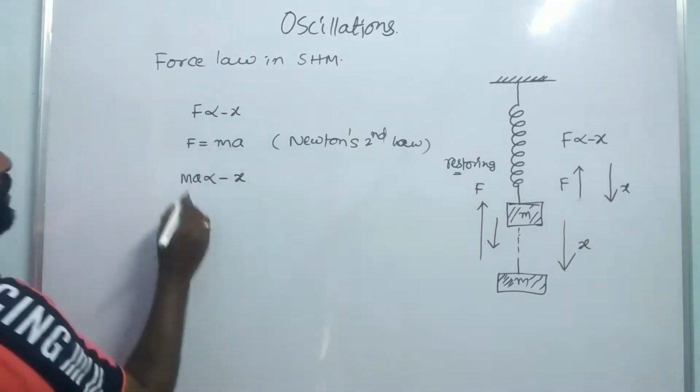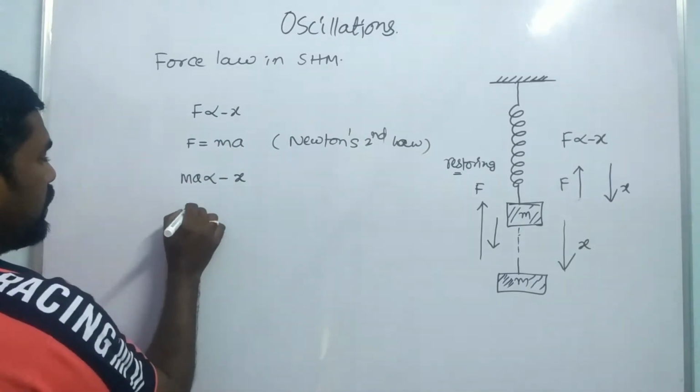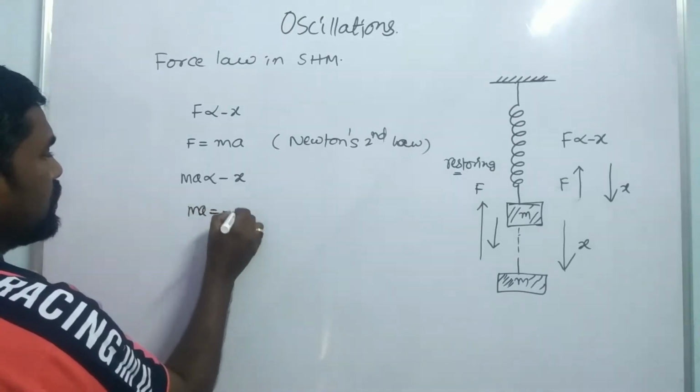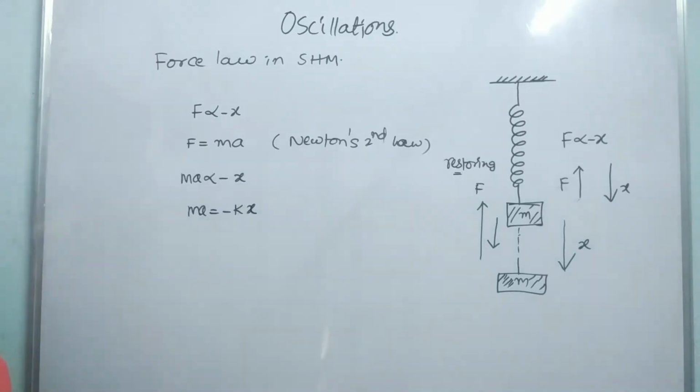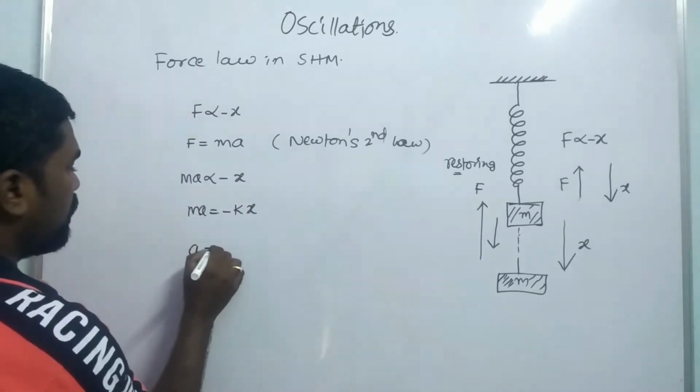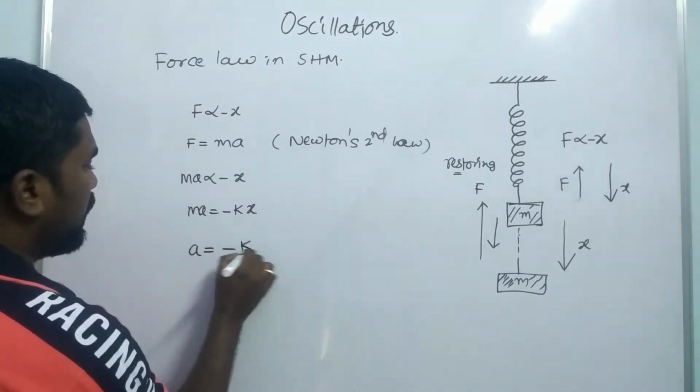Then we can write ma is equal to minus some constant k into x. So here the acceleration of the particle, a, is equal to minus k by m into x.